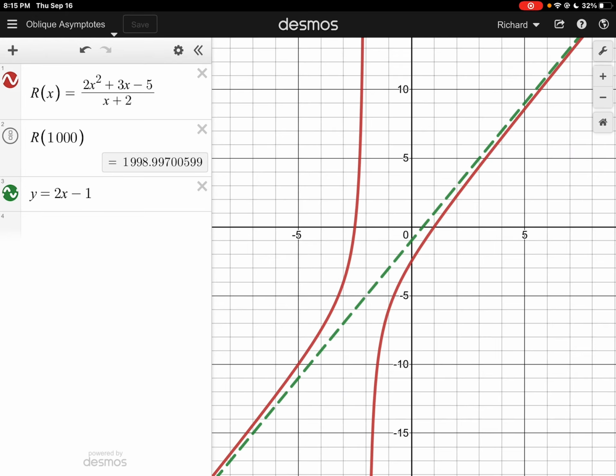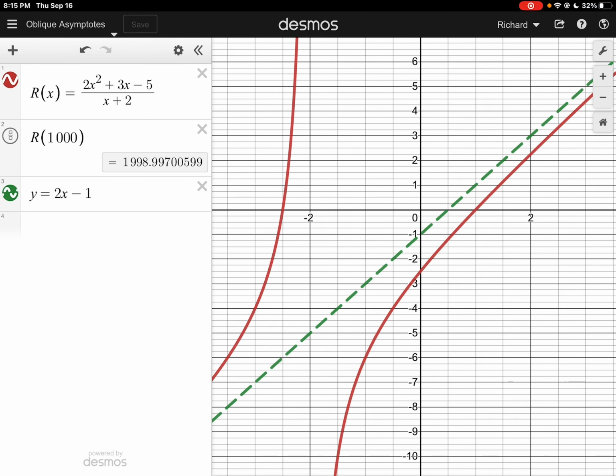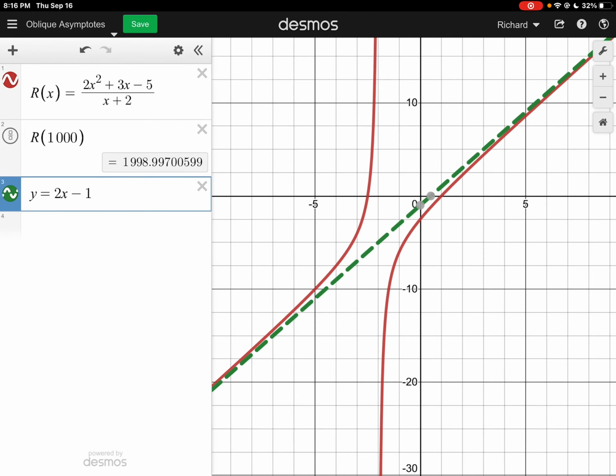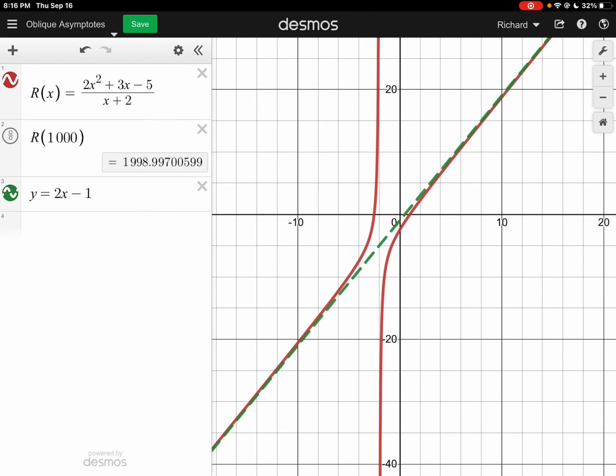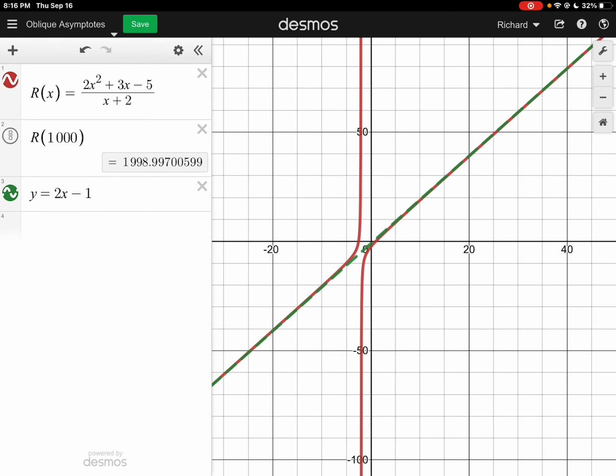So if we start to zoom, if I zoom in, you can see very clearly that the y-intercept of the asymptote is -1. But what I want you to notice is, as I zoom out, what happens to the asymptote and the curve. It looks like the asymptote and the curve are totally overlapped.